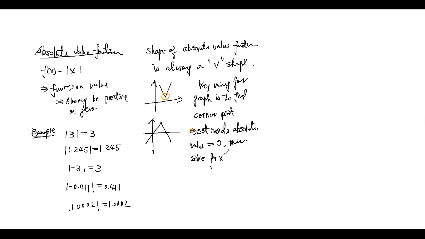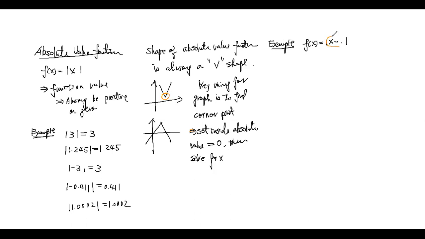Let me give you an example, then we can work on some of the examples we have in the worksheets. Say I want to graph f of x equals the absolute value of x minus 1. I know it's a V shape, so the first thing I need to know is where the corner of the V is.